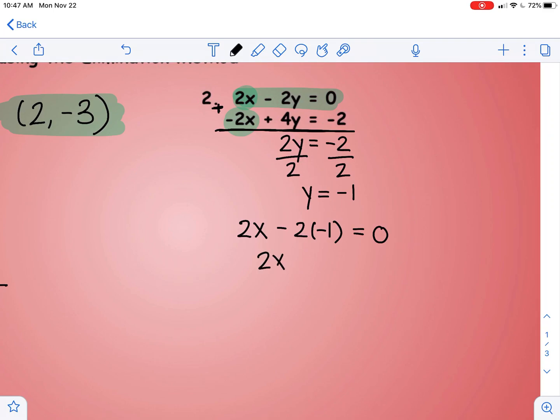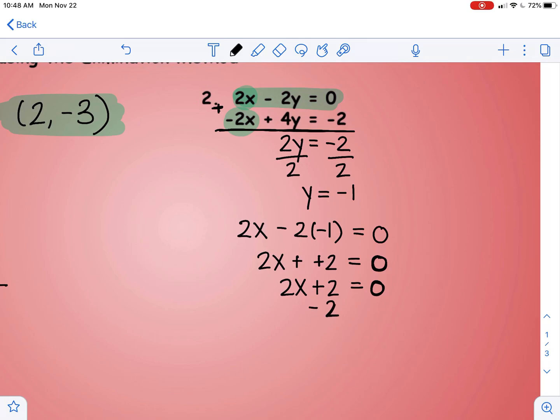So I've got 2x minus negative 2 is equal to 0. So remember here, I can actually change this to plus positive 2. So I'm going to rewrite that to 2x plus 2 is equal to 0.